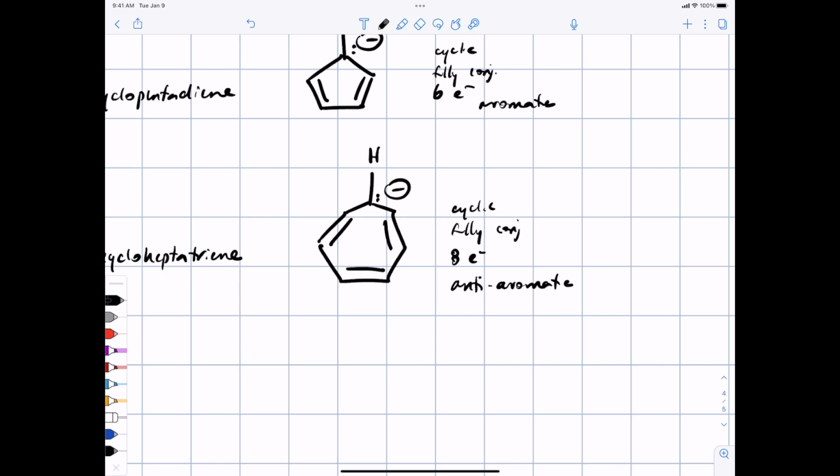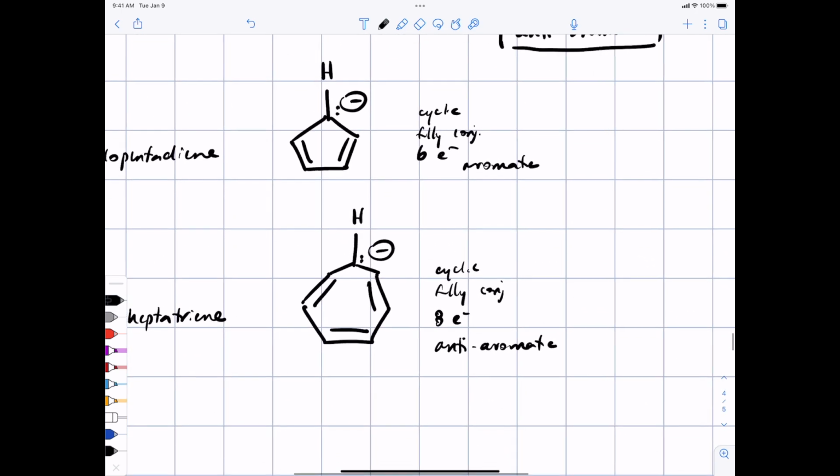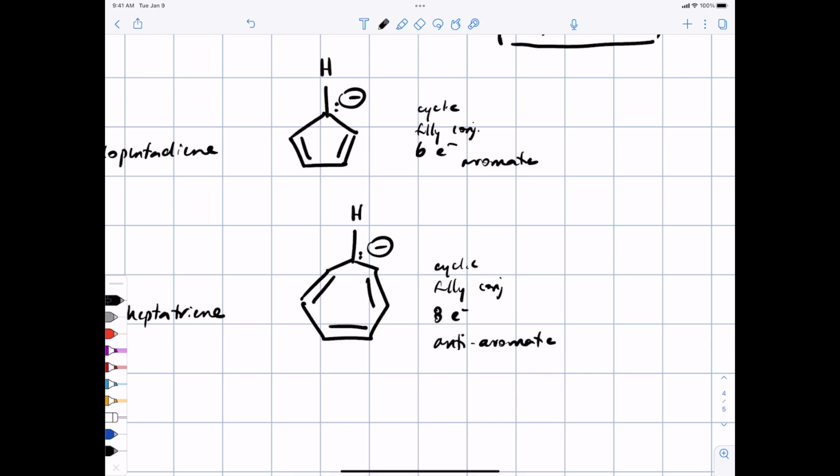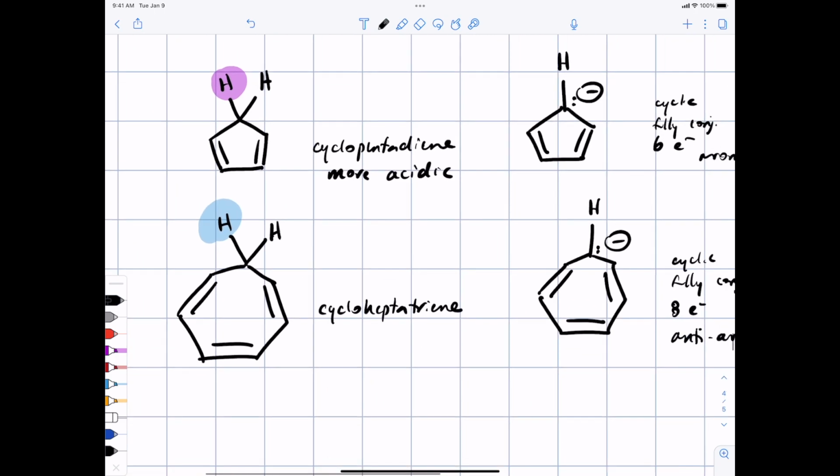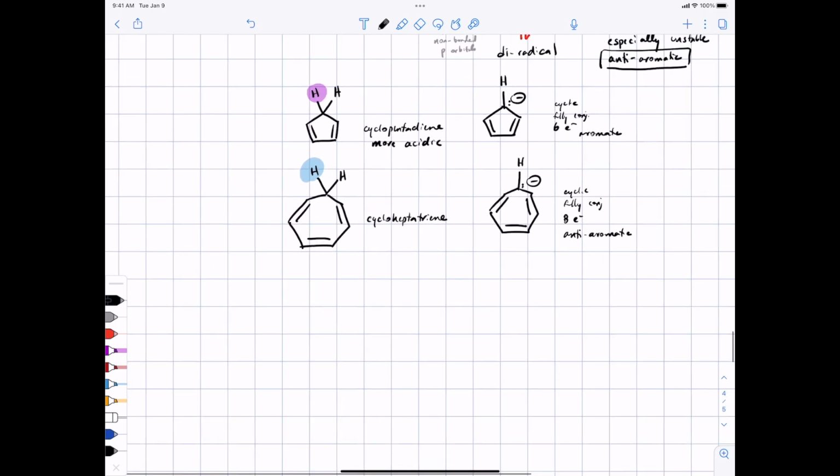Now, use your reasoning with conjugate bases. A less stable conjugate base has a less acidic conjugate acid. So cyclopentadiene is more acidic than cycloheptatriene. Okay, let's ask the question in a slightly different way.